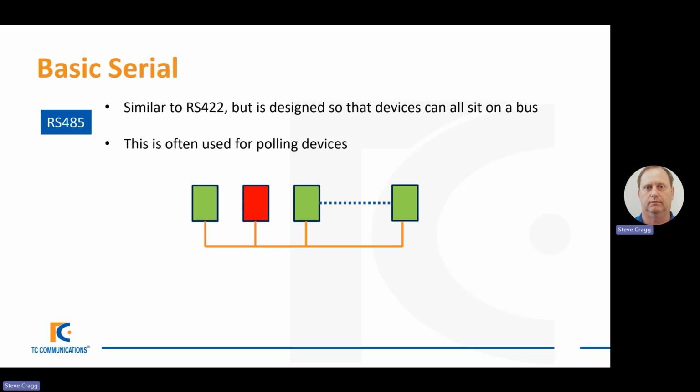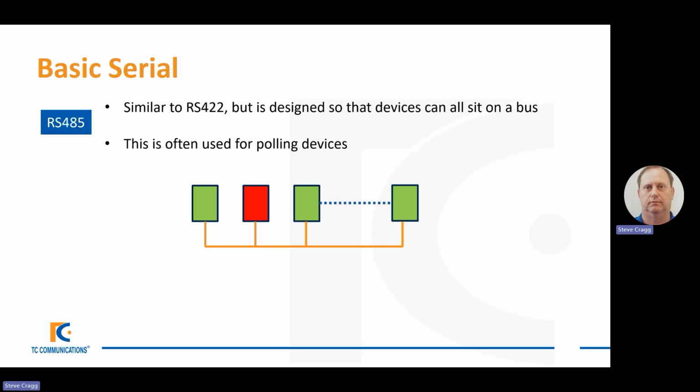In this case, I'll choose the second one from the left, so we'll call this device 2, and it transmits data to all the other devices on the bus, saying, here is some data, and it will tag it. It will say, in this case, I am going to talk to device number 1. I'm sending some data, maybe a polling command. It may say, please, device number 1, please return the data that I've asked for.